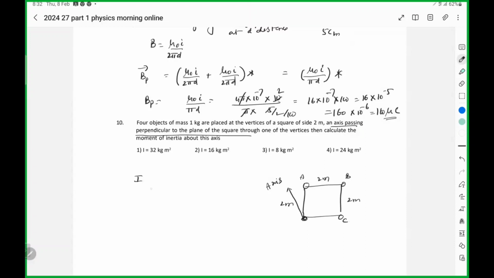So here the total moment of inertia. If the axis passes through this mass, there is no moment of inertia because r is 0 about this particular point. Then the moment of inertia of the mass present at B with respect to this point, and of the mass present at C with respect to the point, which is mr squared.